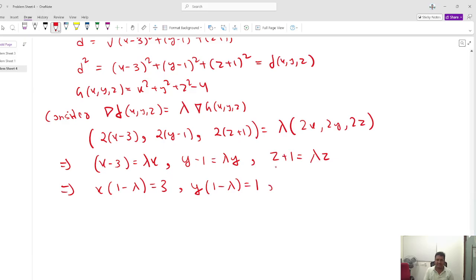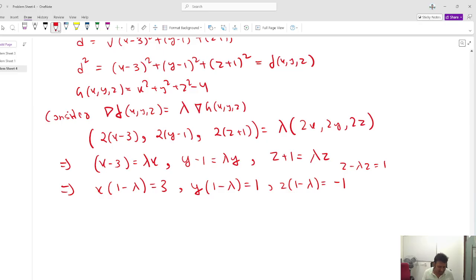I'm just taking this side and taking the common factor and taking the number to that side. Like this, z minus lambda z is equal to minus 1. So z(1 minus lambda) is equal to minus 1, correct?